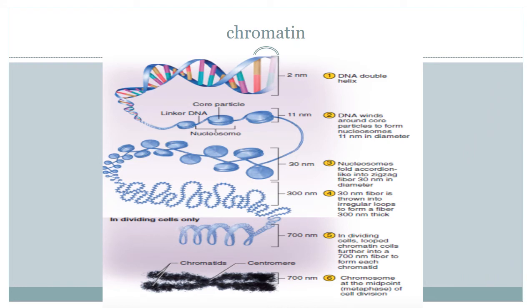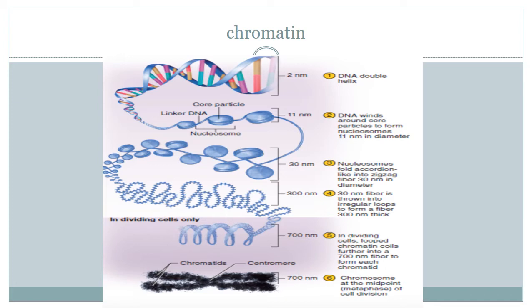Now here again in this picture you find the chromatin, the DNA double helix. It is coiling around the histone proteins to form the nucleosomes, 11 nm in diameter, and these nucleosomes fold further and form 30 nm fibers. The 30 nm fibers are thrown into irregular loops to form 300 nm fibers, and these 300 nm fibers again coil to form what are called the chromatids.